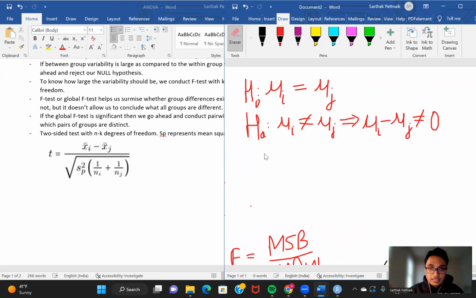Now, if you look at this, xi bar minus xj bar is going to be the difference of the sample means. SP represents mean square within.